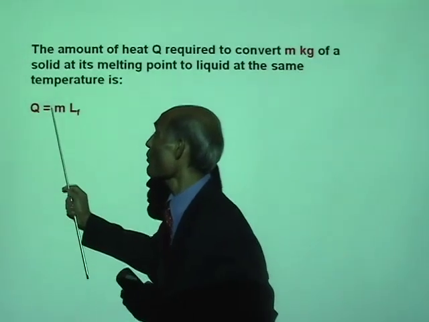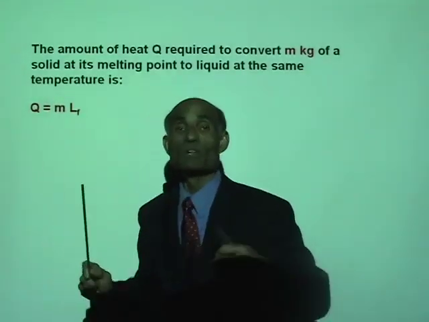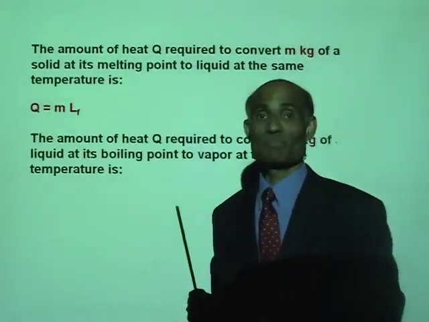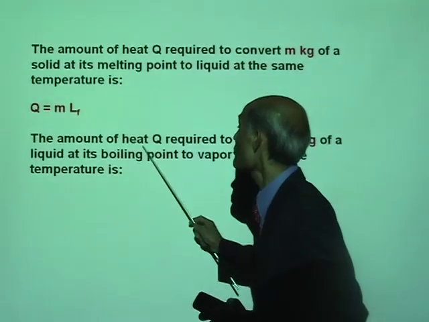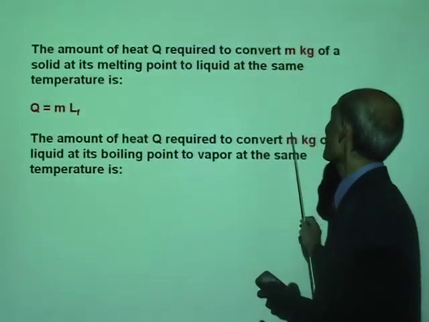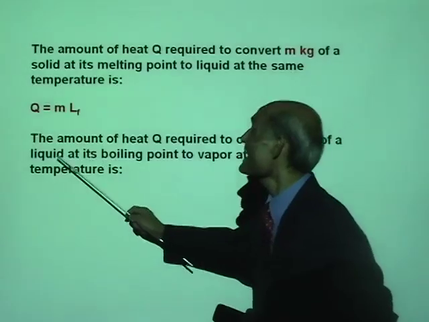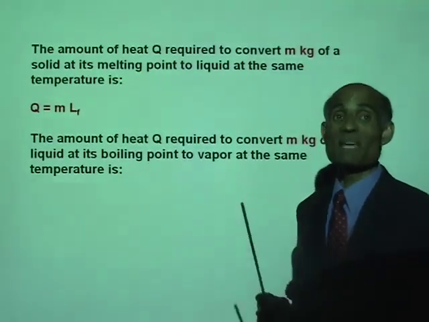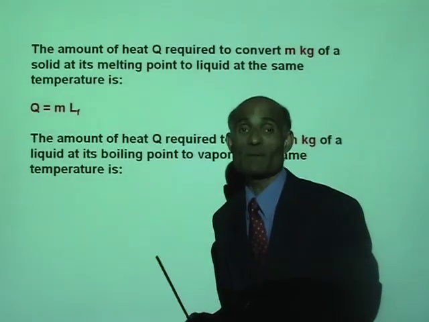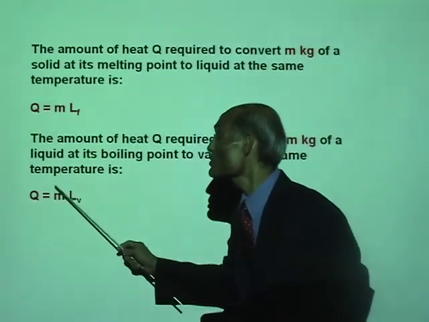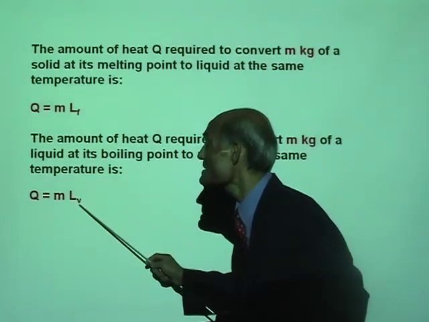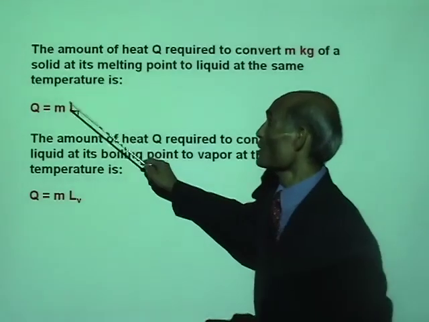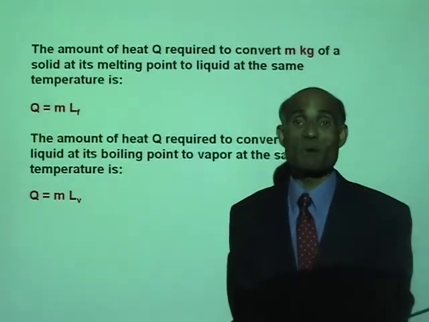And if you want to convert m kilogram, the total amount of heat will be m times L sub F. Similarly, the amount of heat Q required to convert m kilogram of a liquid at its boiling point to vapor at the same temperature, can you tell me what that will be? That will be Q equal to m L sub V, latent heat of vaporization.